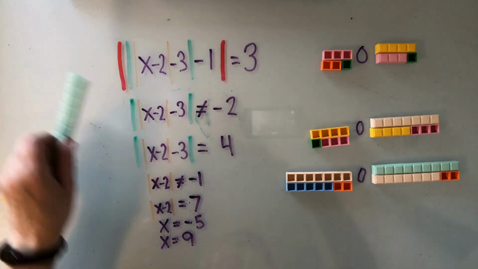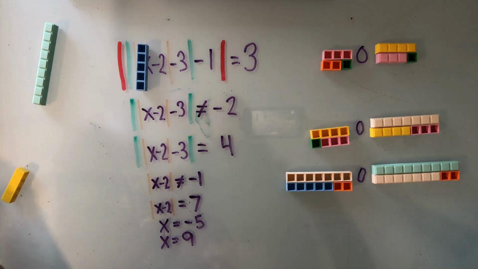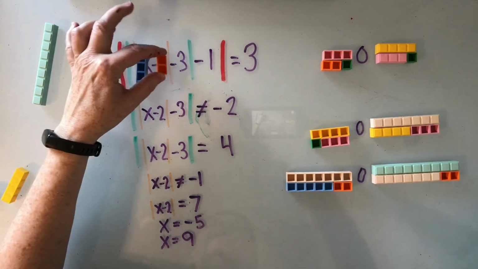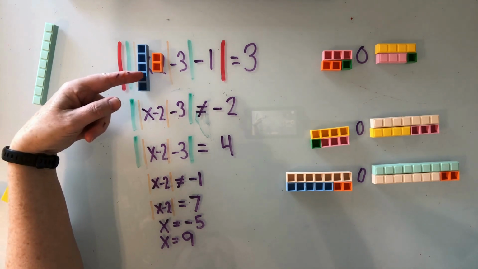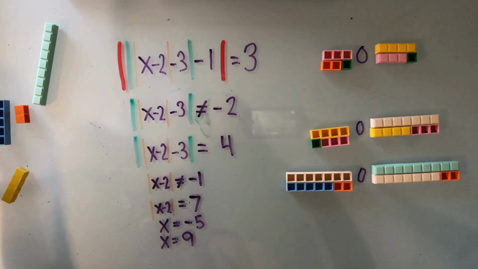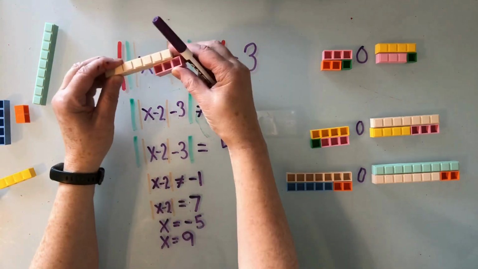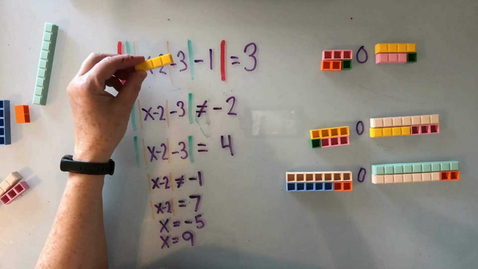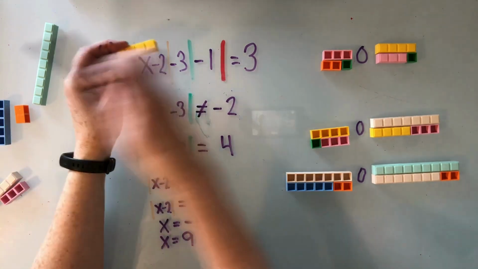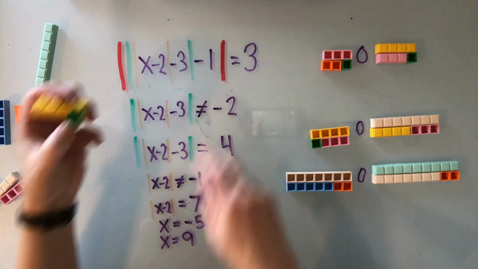So if I take this in here and I put -5 in here and -2 in here, that is going to be -7, and the absolute value of that is 7. Then 7 take away 3 is 4, and the absolute value of 4 is just 4, and 4 take away 1 is 3, and the absolute value of that is 3.